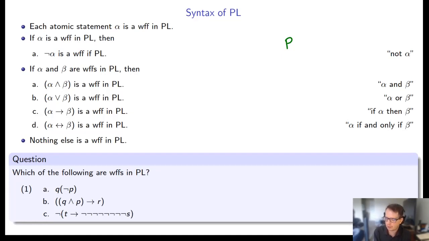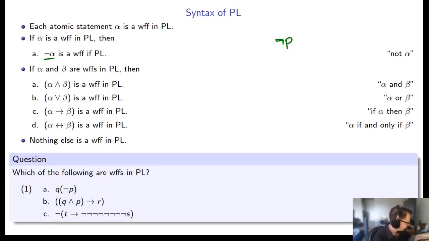So this is grammatical. We can just have P on its own. And when we start with something like P, which is grammatical, we can modify it to make something else that's grammatical. So one thing we can do is we can say not P. That is grammatical. So that makes a new well-formed formula.